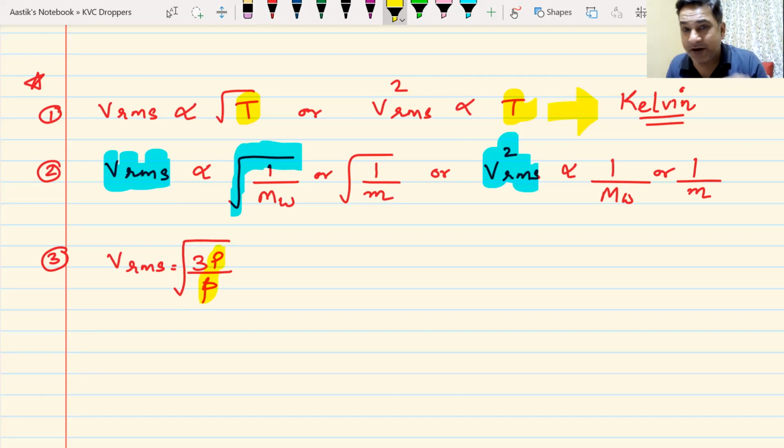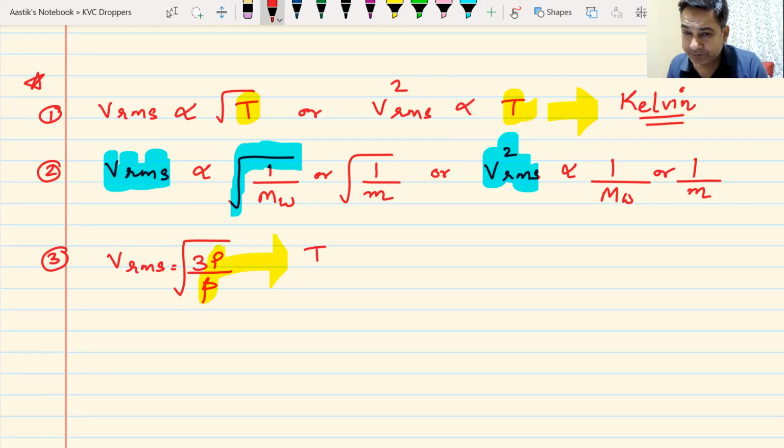So it does not depend on pressure alone and density alone. It depends on their ratio. If that ratio remains the same, the RMS velocity remains the same.